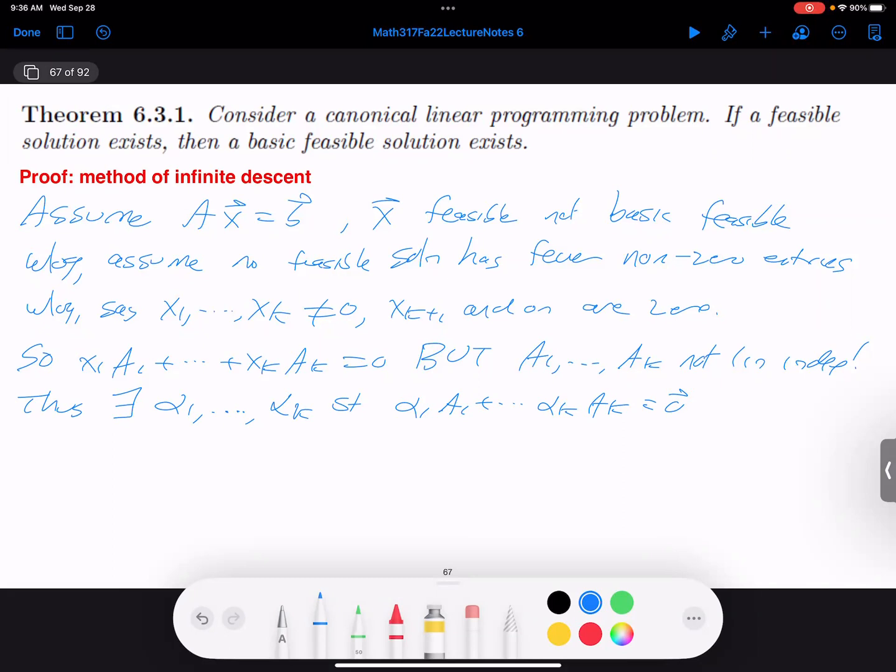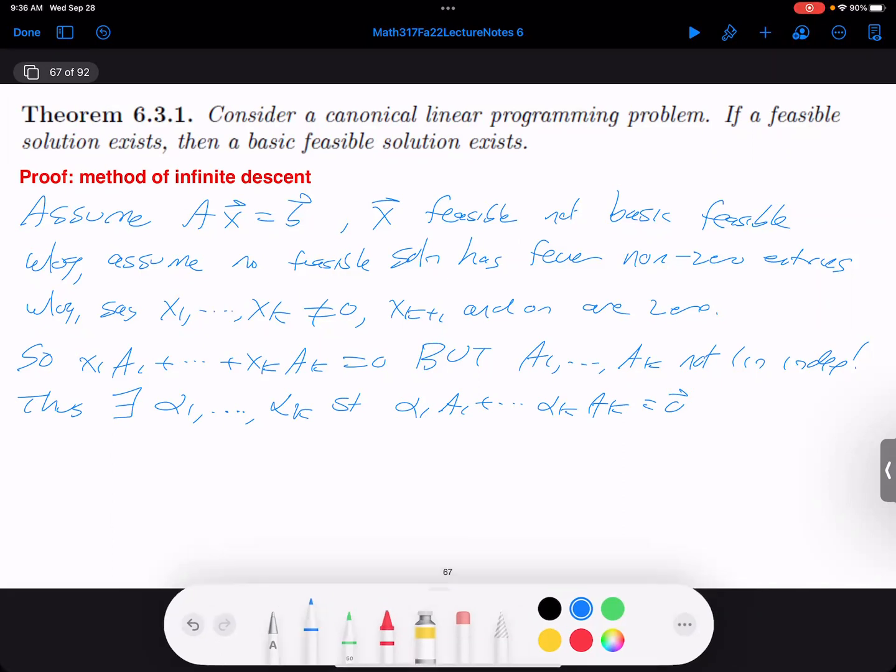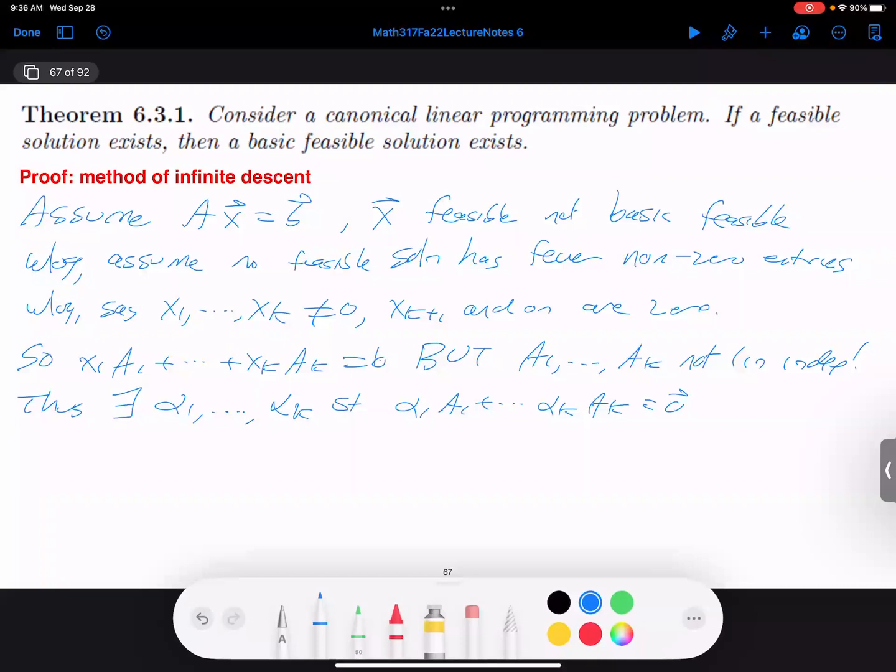Oh, wait a minute. It's not equals 0 over here. It's equals the vector b. Okay, so we know we can choose the alphas so that this linear combination equals 0.